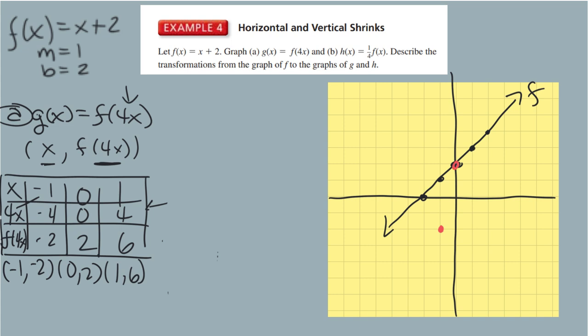And 1 and 6. 1, 2, 3, 4, 5, 1, 2, 3, 4, 5, 6. So our line is going to be here. Which line is this? G. What do we have here? A horizontal shrink of the graph of f by a factor of 1/4.